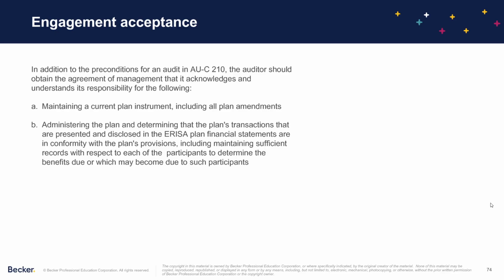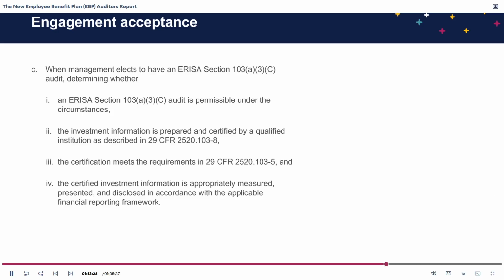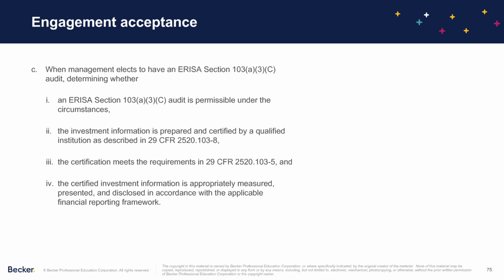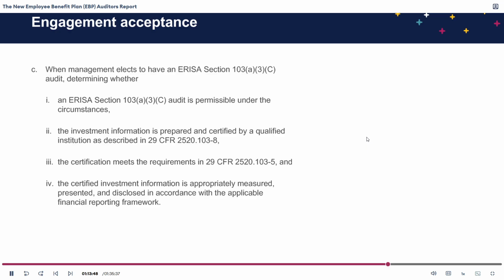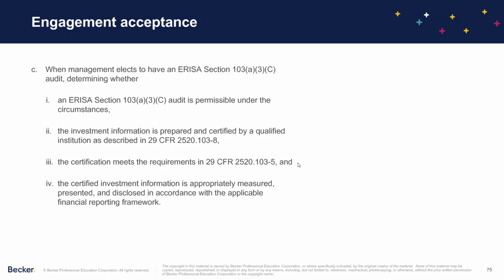Another precondition is for the 103A3C audit, again relying on that third-party certification. If management elects that, they would have to determine whether it's permissible. It's management's responsibility to determine whether the investment information is prepared and certified by a qualified institution, that the certification meets the requirements in the Code of Federal Regulations, and that the certified investment information is appropriately measured, presented, and disclosed within the financial reporting framework.